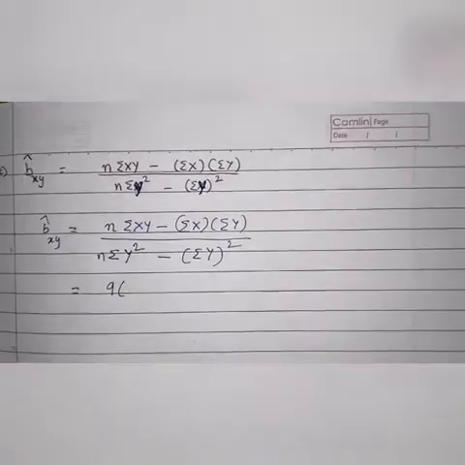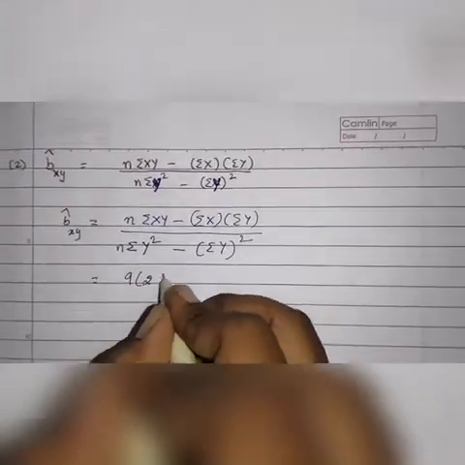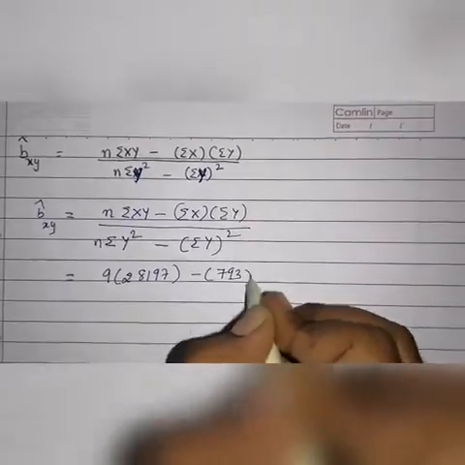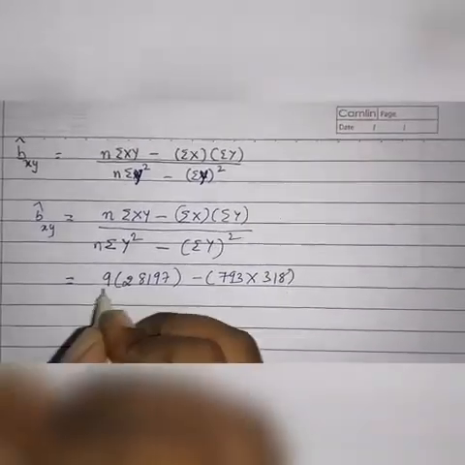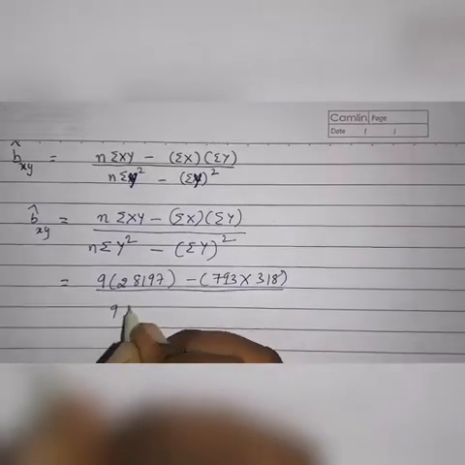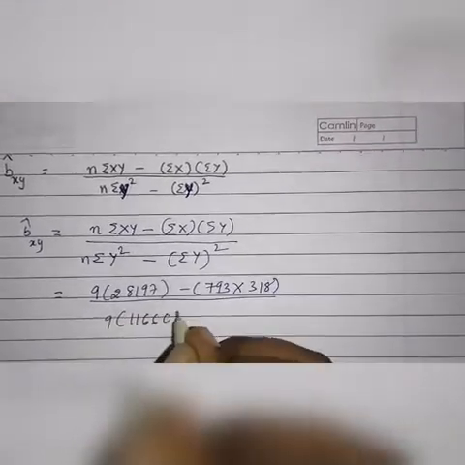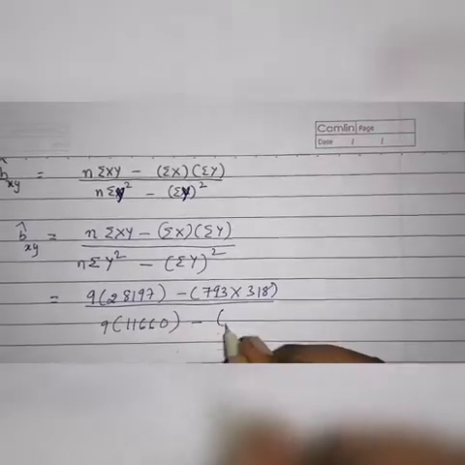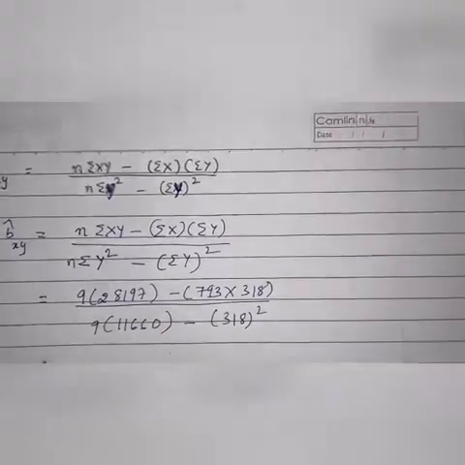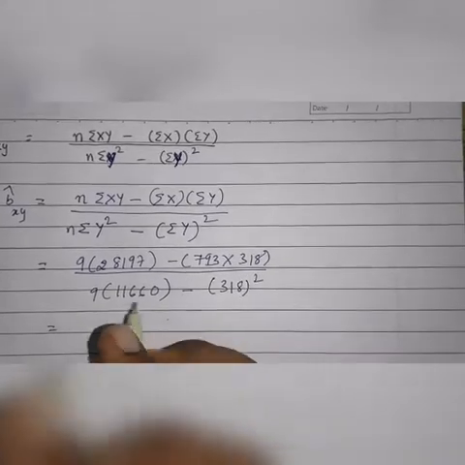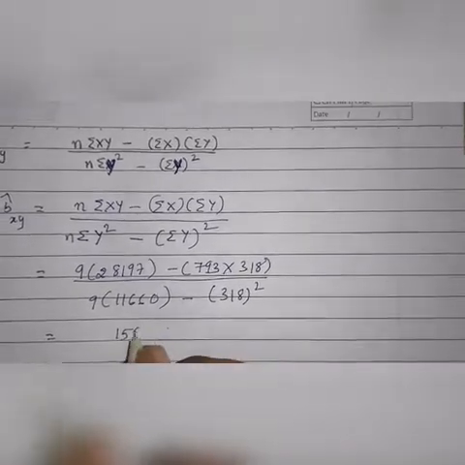9 into 28197 minus 793 into 318 by 9 into summation y square, which is 11660, minus 318 whole square. The numerator we have already calculated, it was 1599.